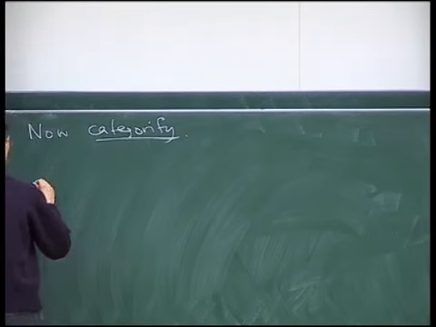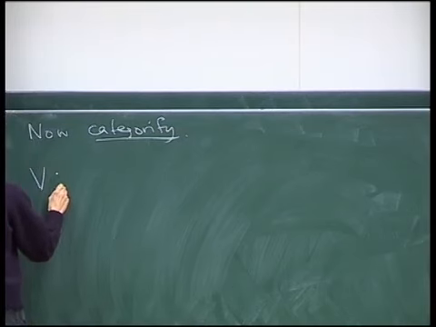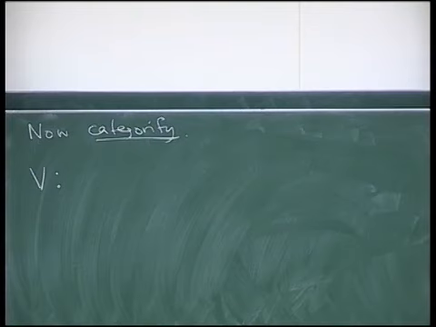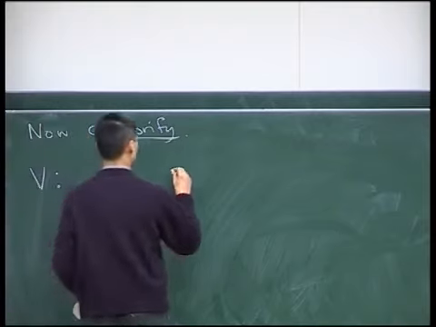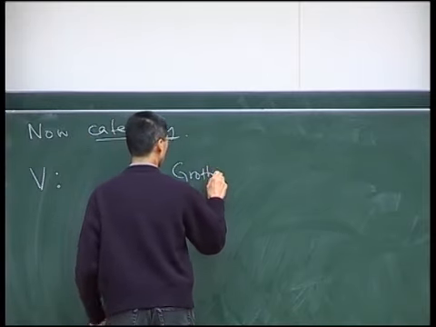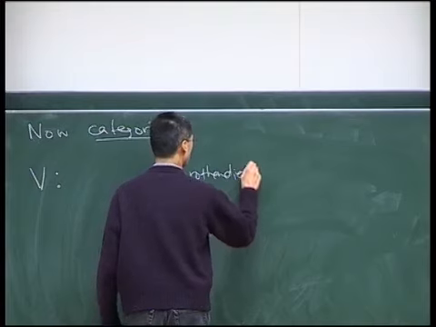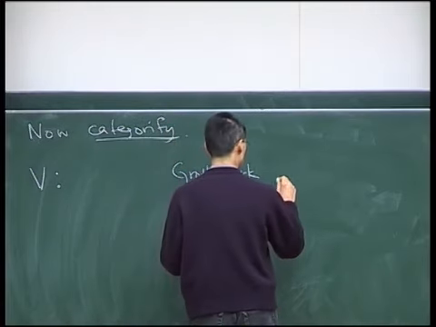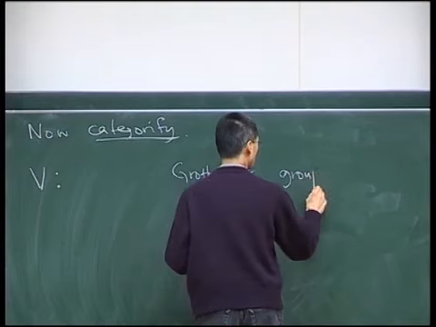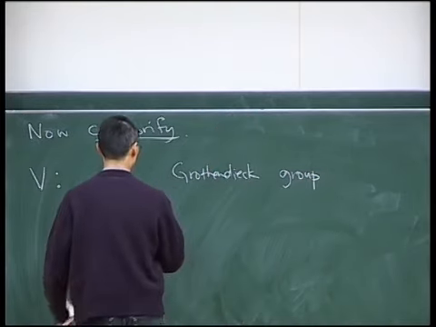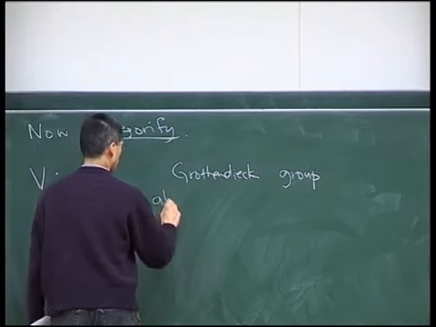Okay, so we want to interpret the representation space as the Grothendieck group of some abelian category.